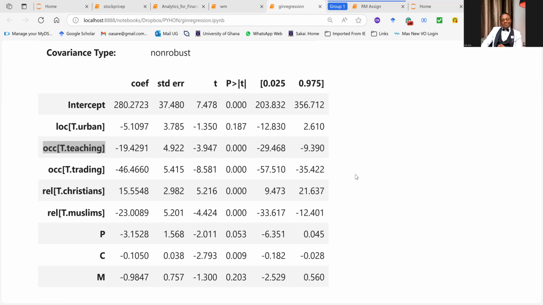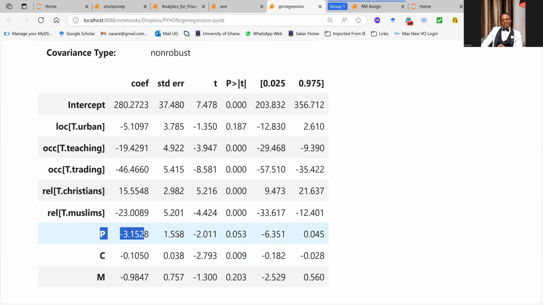Religion Muslim. Religion also is very significant because its p-value is lower than the limit of significance, which is 5%. Therefore, very fine. Okay. Good.